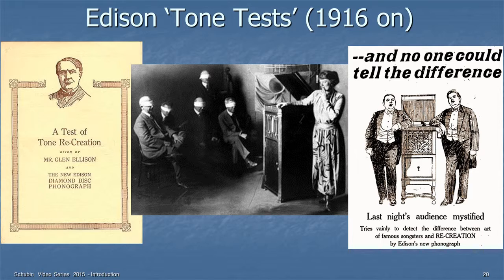Now today we go, that's ridiculous. This is a 78 RPM mechanical phonograph recording with a needle in a groove. How could anyone possibly not tell the difference between that and the singer? Well, people hadn't yet learned how to perceive that difference. Today we have learned it, and that's why we find it ridiculous.